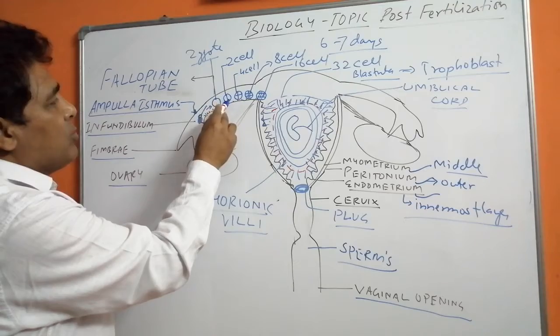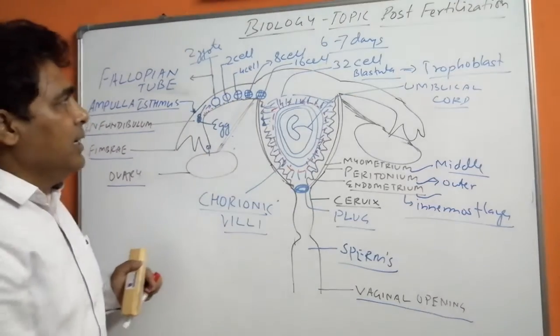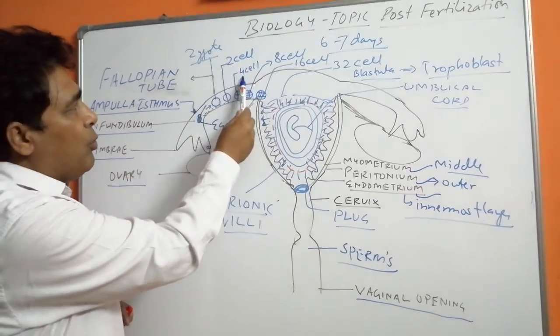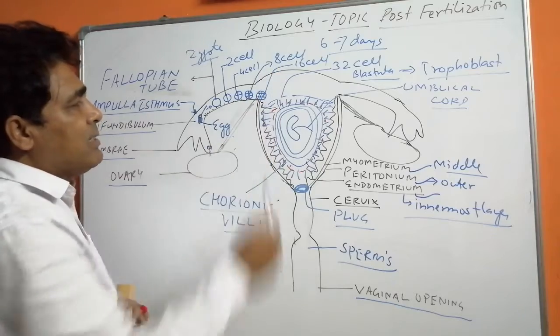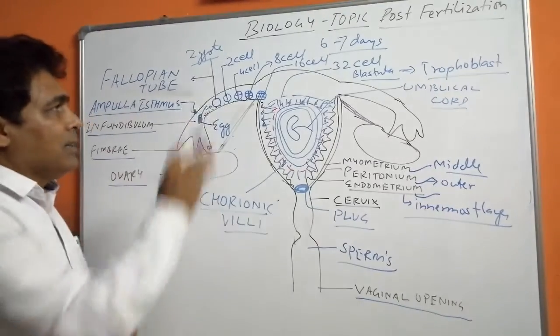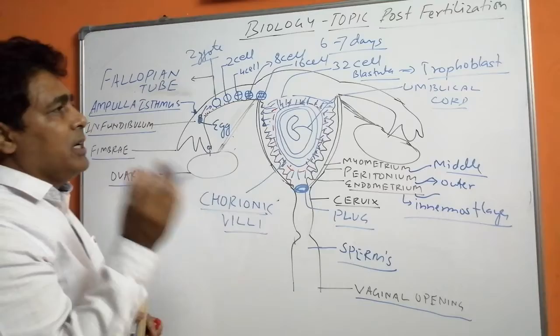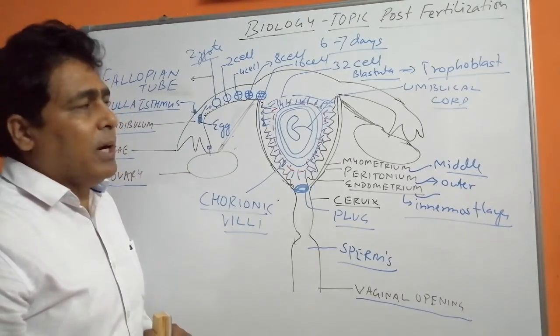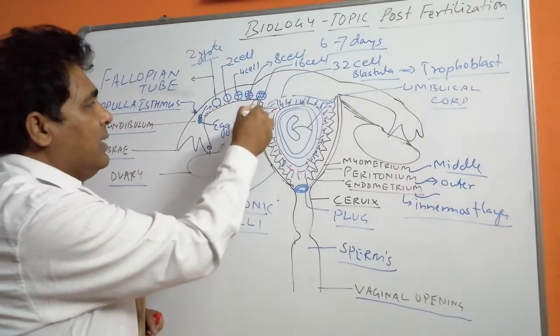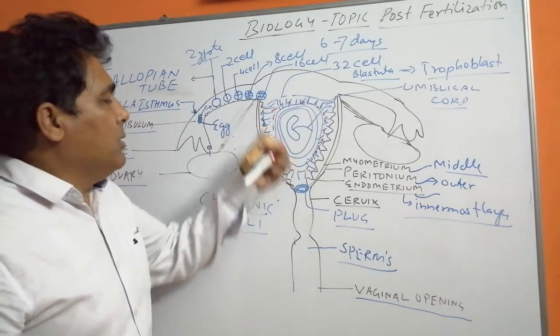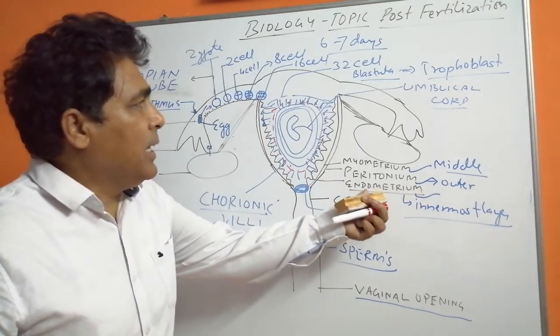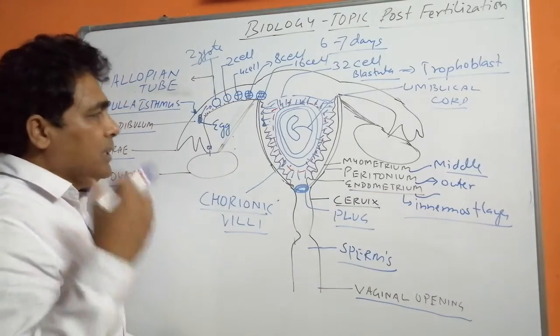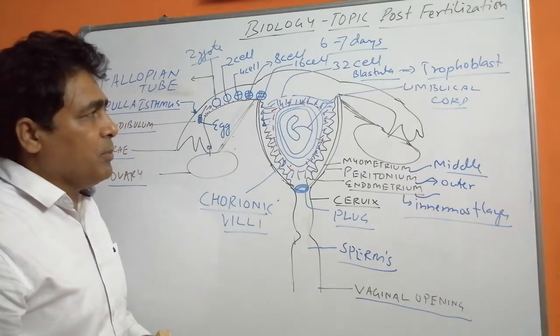The zygote is going to then undergo cleavage and it will form 2 cell, 4 cell, 8 cell, 16 cell and 32 cell stages. The 32 cell stage is going to further transform into trophoblast and it will embed inside the endometrium layer, and the process is known as the implantation process.